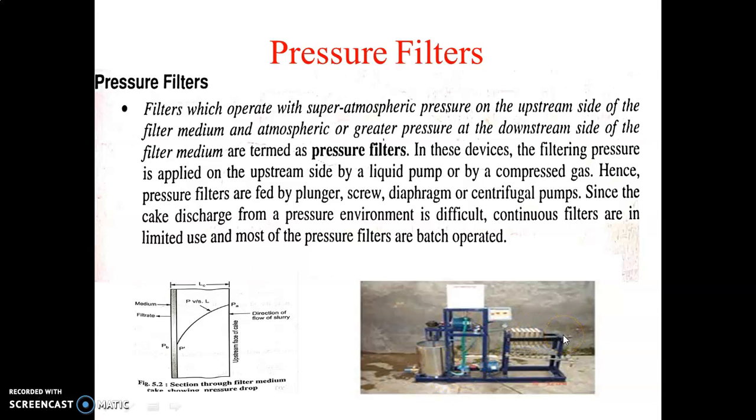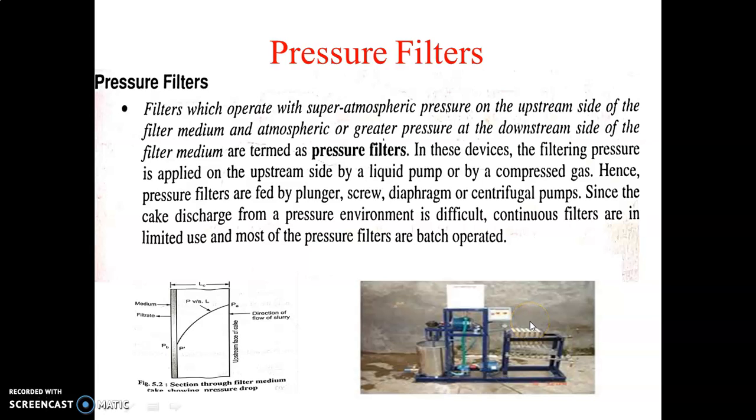There are different types of pumps like plunger, screw, diaphragm or centrifugal pumps, or you can use compressed gas. You have to pressurize this liquid through the compressed gas, generally air, and then this liquid goes from this tank through this pump or compressor, then it will flow through this plate and frame filter press and the filtration is carried out.